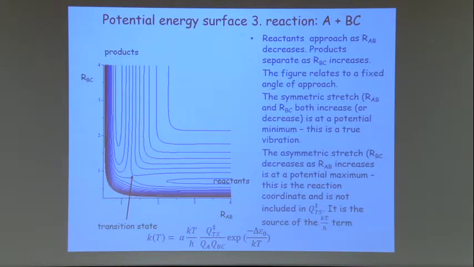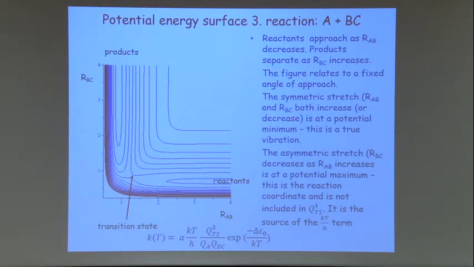On the other hand, if we go in this direction, we're sitting at a minimum, like this thing here. So the energy increases in this direction, and energy increases in that direction. So for the symmetric stretch of this ABC molecule, the transition state is ABC. The symmetric stretch, where both bond distances are increasing at the same time, is a normal vibration.